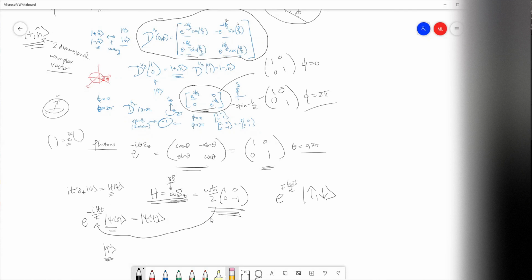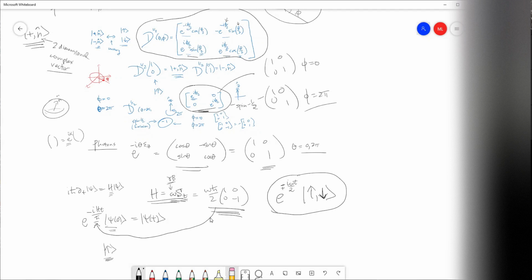The h bars cancel, and you just get this. This is how the two components evolve in time. The up component picks up a minus i omega t over 2. The down component picks up a plus i omega t over 2.